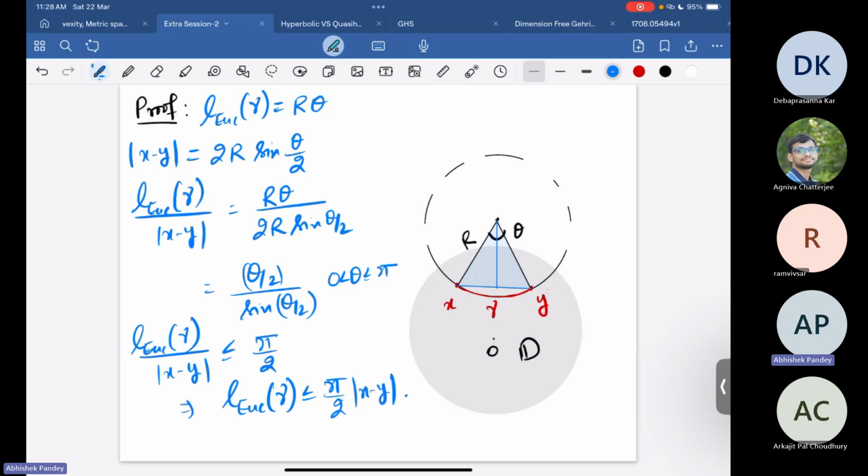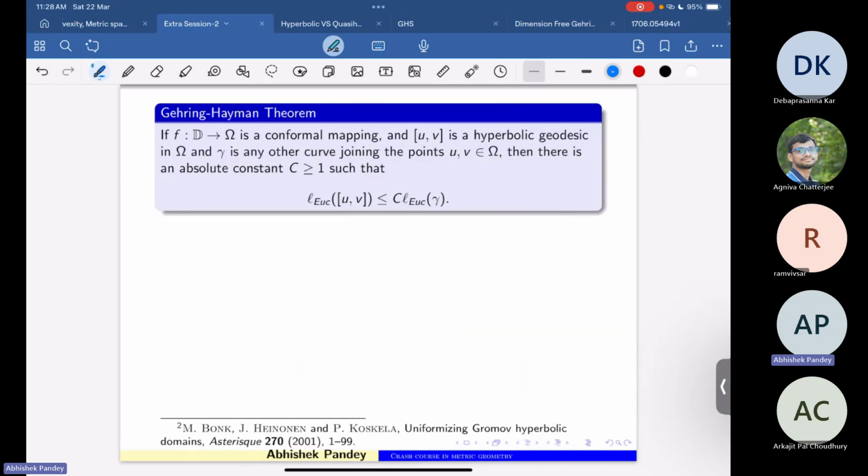What the Gehring-Hayman theorem says is: let omega be a simply connected domain, let u comma v be a hyperbolic geodesic in omega, and let gamma be any other curve joining points u comma v.